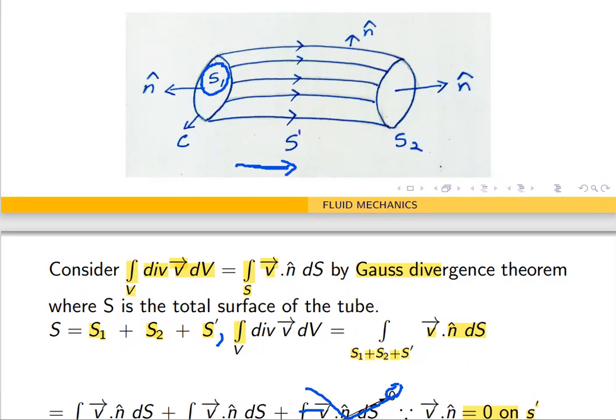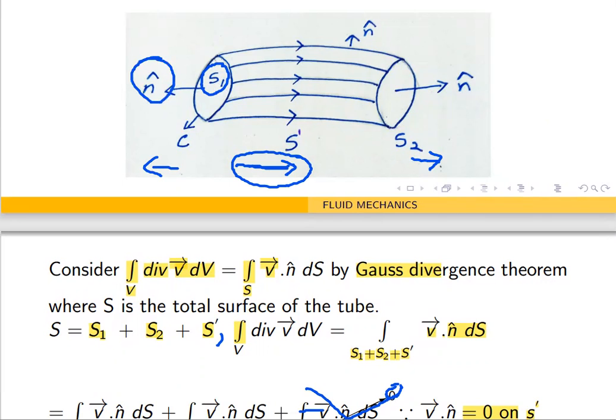What is n? For S1, n is in the opposite direction. For S2, it is in the same direction as the velocity. As we move along with the velocity of the continuum, this n is opposite to the direction of the continuum.